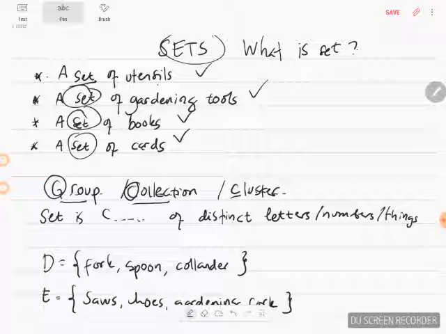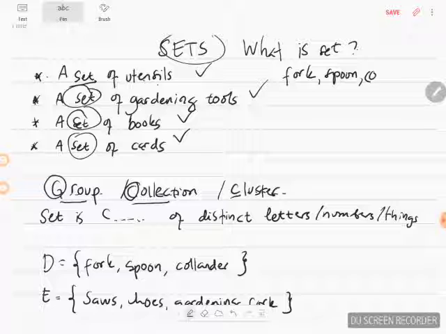Now, if you've gotten the answer, let me just give you my answer. Hopefully, they match. My first answer has the initial G, which stands for group. The next answer, which is a synonym, has the initial C, which stands for collection.